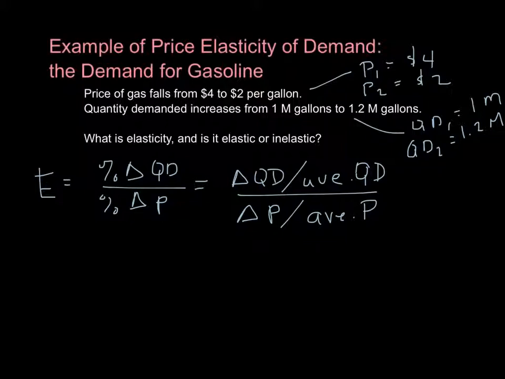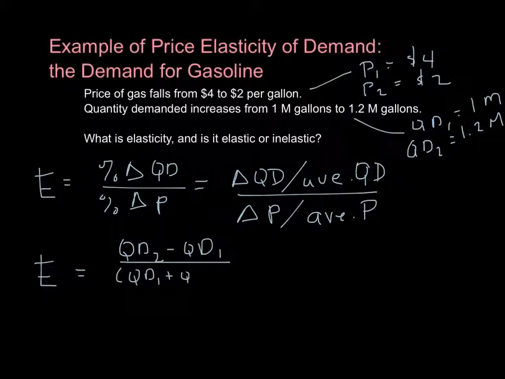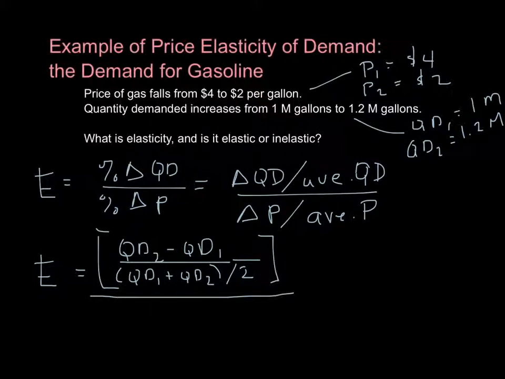So the more detailed formula for your elasticity is going to be rather messy. You're going to put the change in QD, which is QD2 minus QD1, all over the average QD, which is QD1 plus QD2 divided by 2, and then that expression is going to go over the same thing for price.